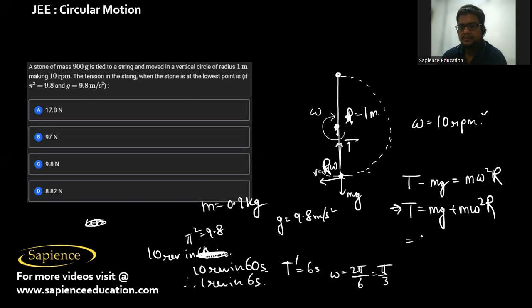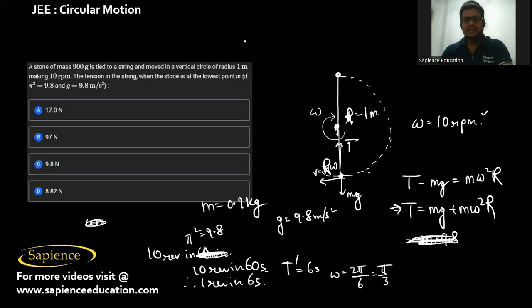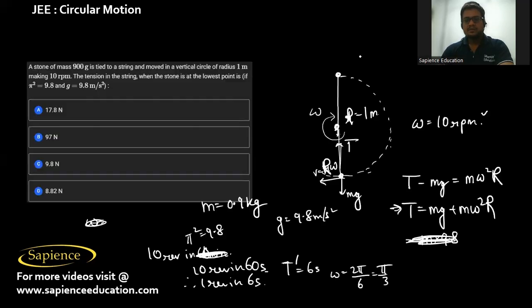So the tension is equal to m into g, 0.9 into 9.8, plus m, that is 0.9, into omega square, so pi by 3 whole square, into r. R is 1 meter, so this is 1 square.